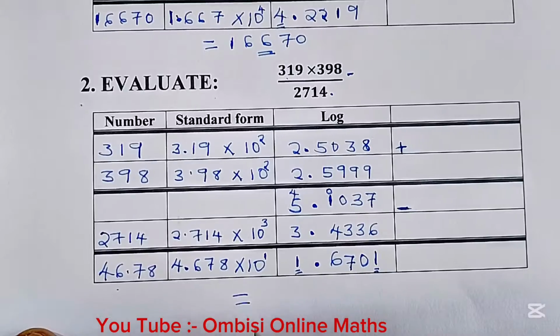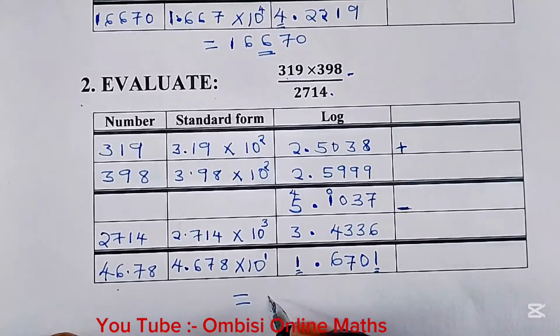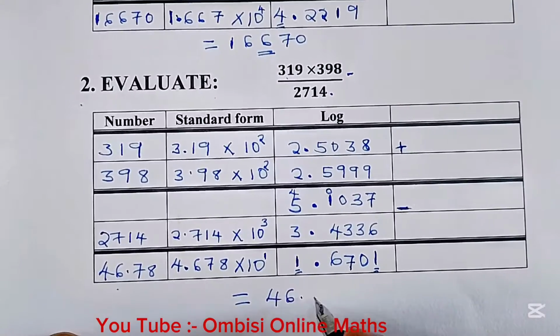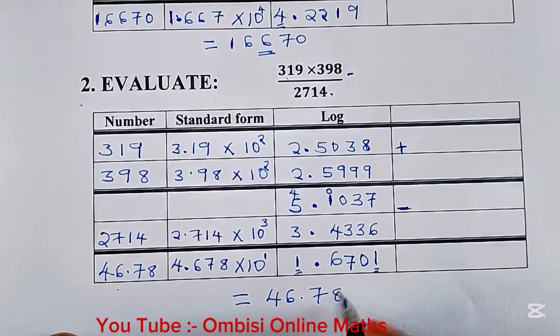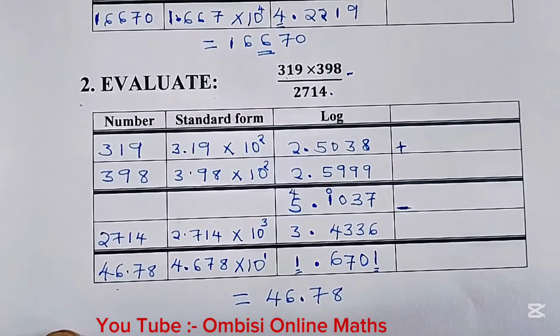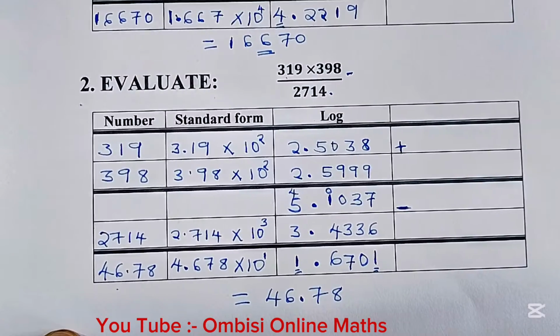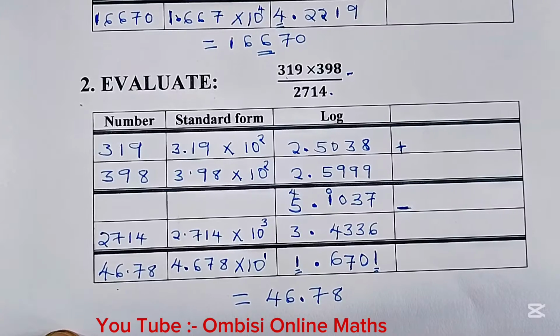So basically the answer to this particular question is 46.78. So you can see we can use logarithms to evaluate numerical cases in multiplication and division.